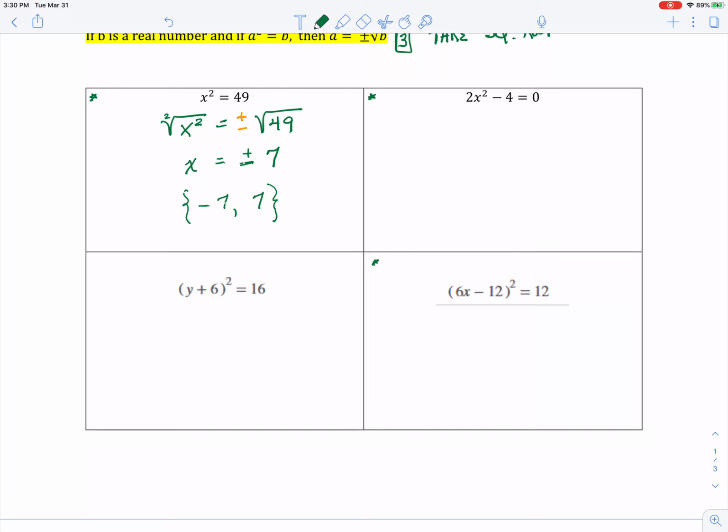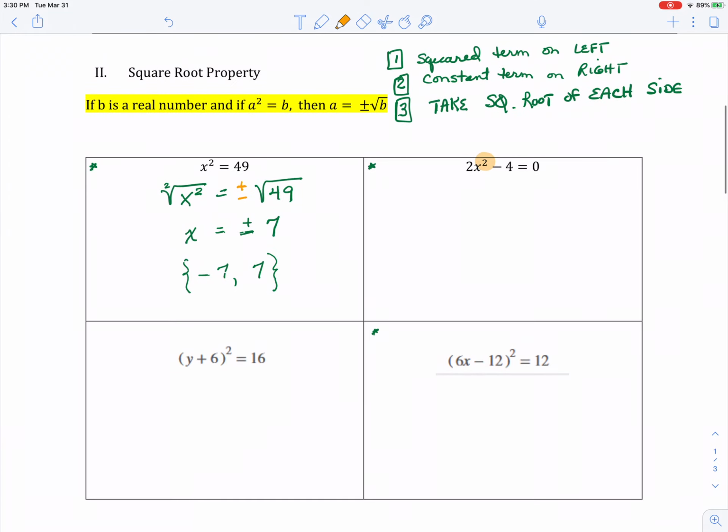Okay, so how is this next one different? It is still a second degree equation, and I still want to arrange it. Let me scroll up so you can see my steps, so that I have the squared term on the left and the constant term on the right. So I'm going to add 4 to both sides here, which shifts that 4 over and becomes a positive 4 on the right-hand side.